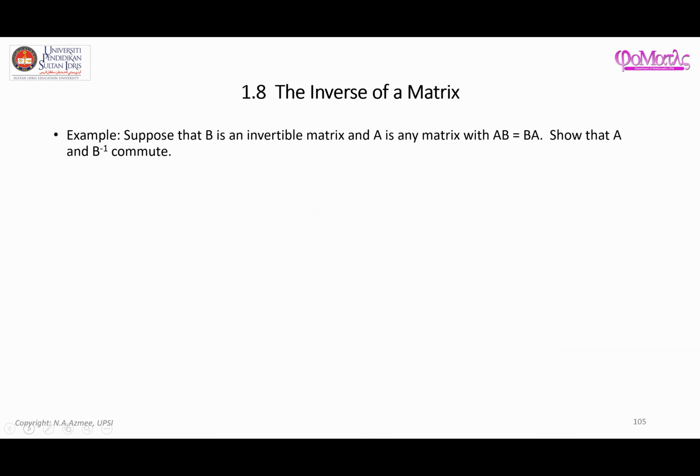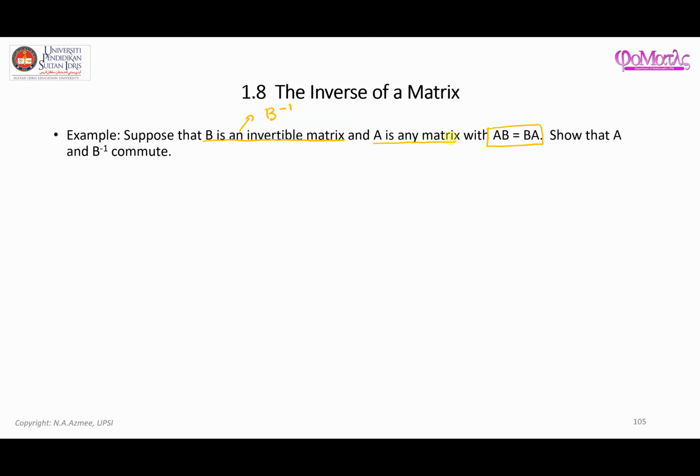Now let's look at this example here where B is said to be an invertible matrix. That means you can find the inverse of that matrix. And A is any matrix where this statement is true. So this statement is assumed to be true.